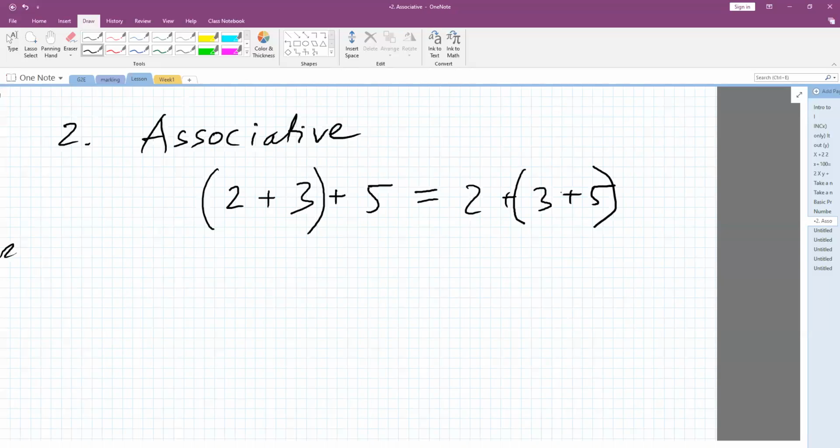So there is no mixed sign in there. If there is a multiplication, you can't do this. For example, let me show you.